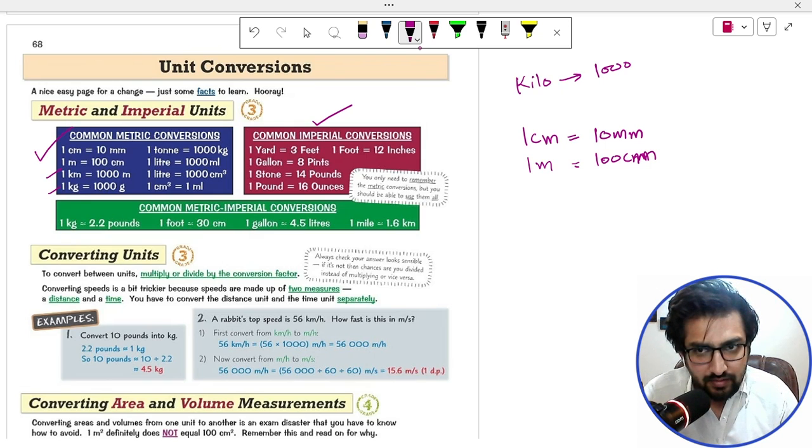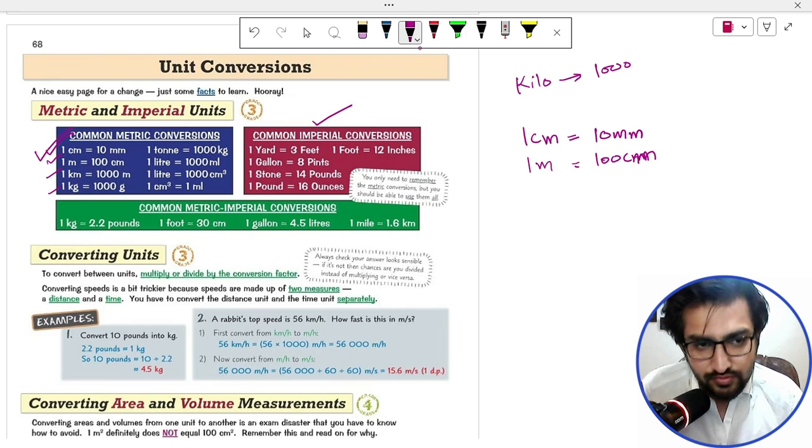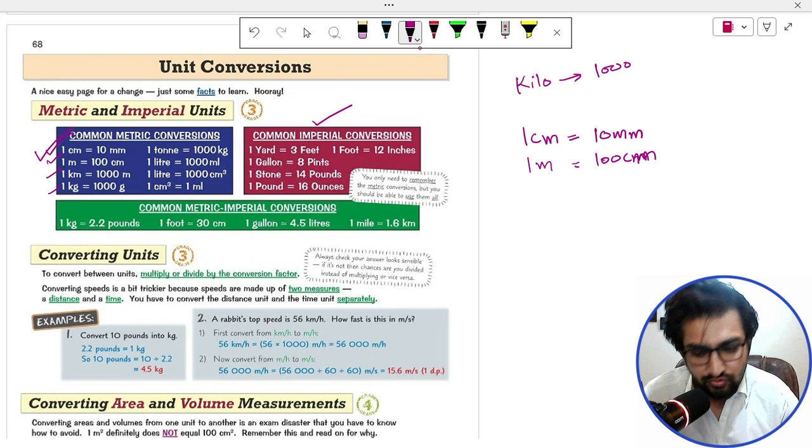1 centimeter is equal to 10 millimeters, and 1 meter is equal to 100 centimeters. So you should know these common metric conversions, and then you will be able to solve questions based on them.